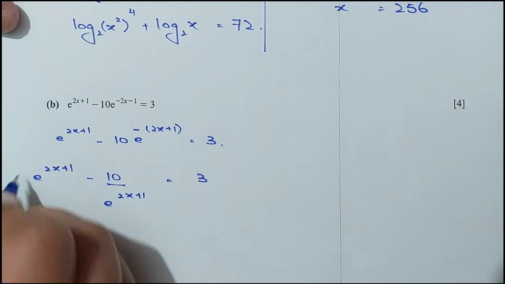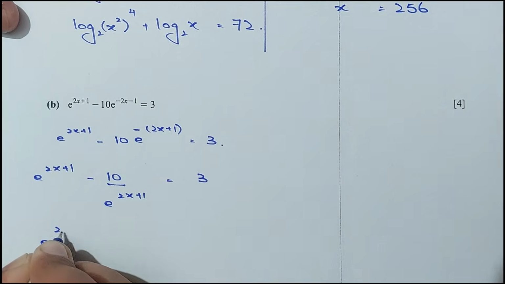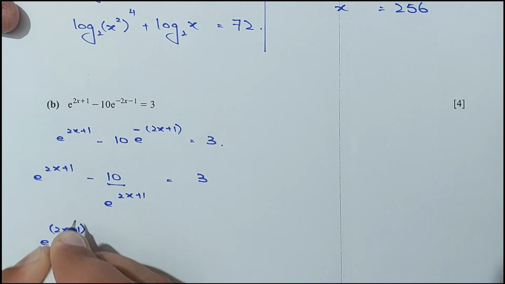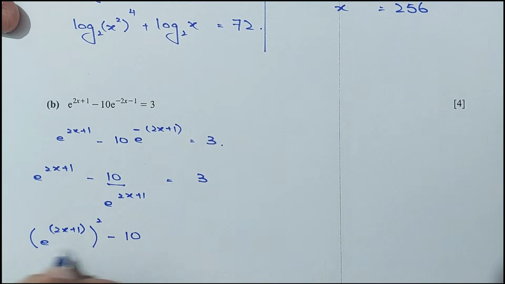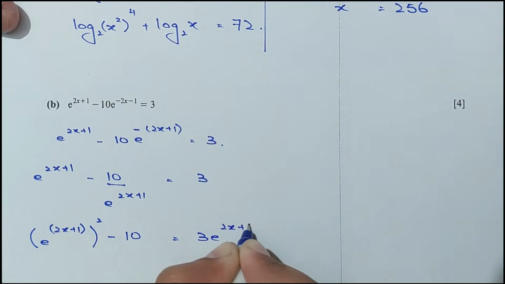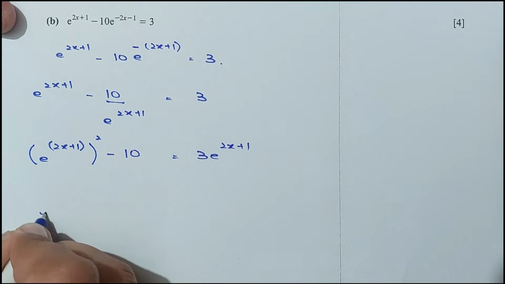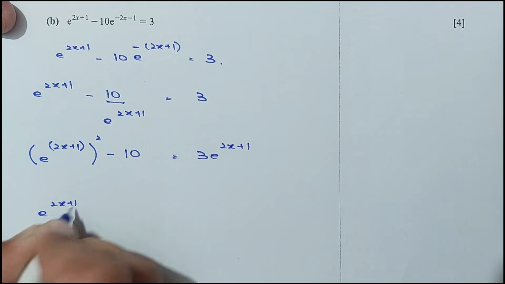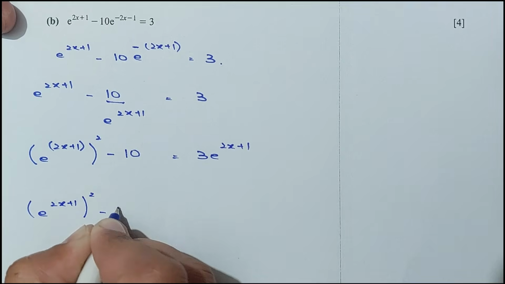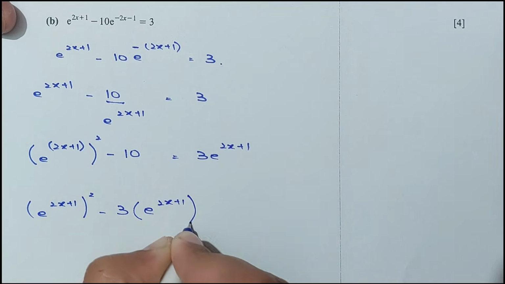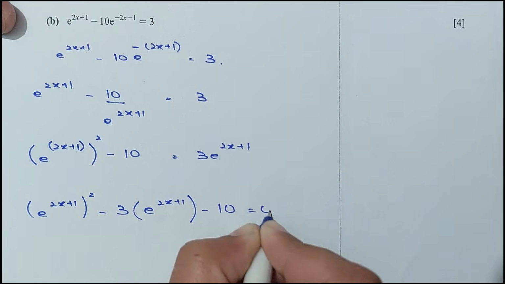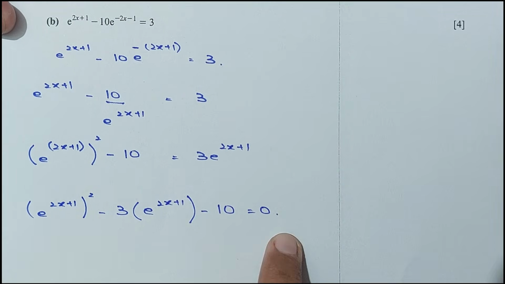LCM: e to the power 2x plus 1, its whole square, minus 10, equals 3 e to the power 2x plus 1. Okay, so e to the power 2x plus 1, this whole square, minus 3 e to the power 2x plus 1 and minus 10 equals 0. This looks like a quadratic equation.